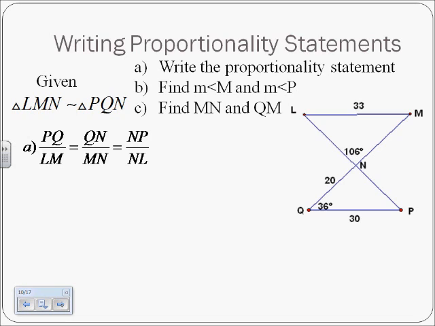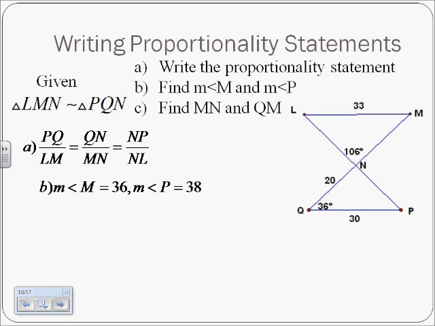Find the measures of M and P. If I know that I have 106 at N, I know I have 106 at N in the other triangle. If I look at my similarity statement, I have M and Q being in the same spot, and N and N obviously being in the same spot, and L and P. So therefore I have congruent angles, and I can use congruency statements to help out there.